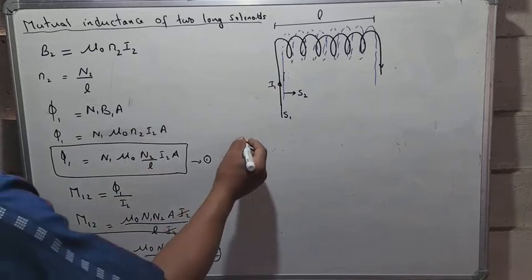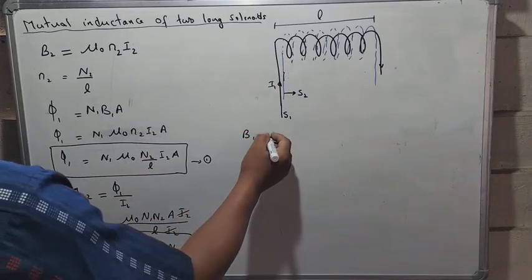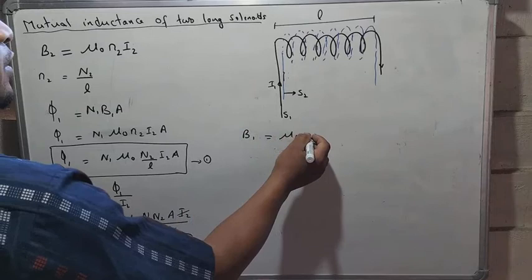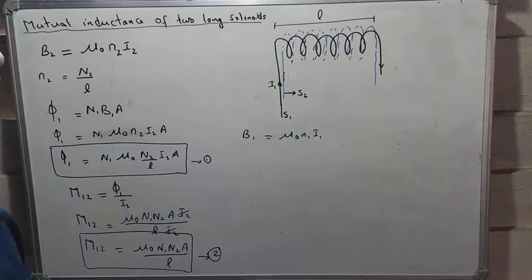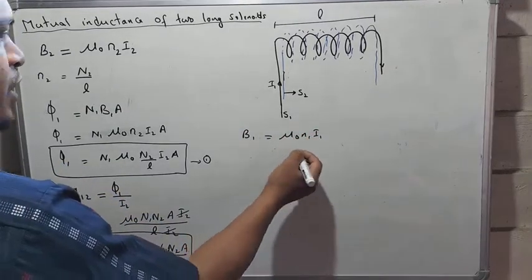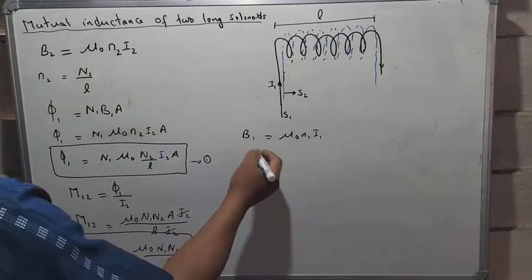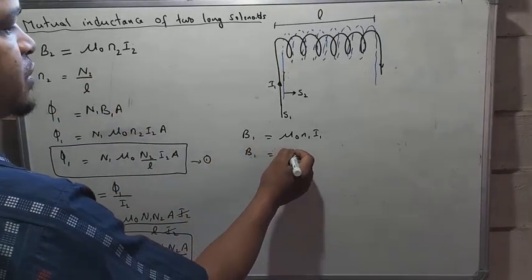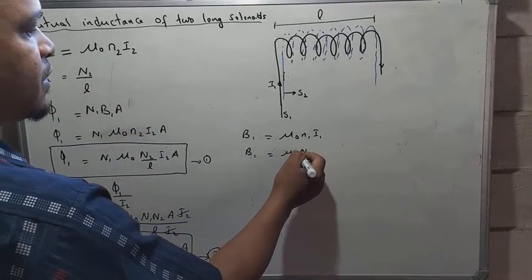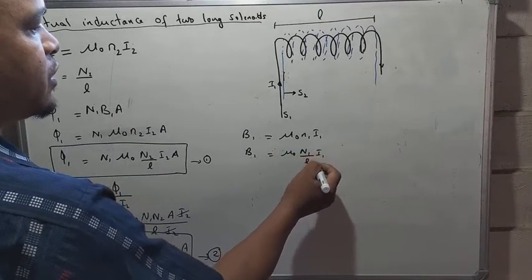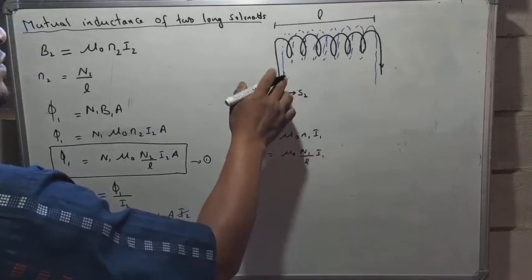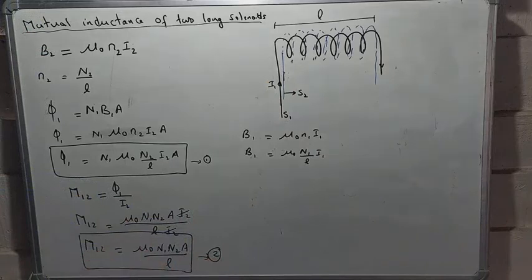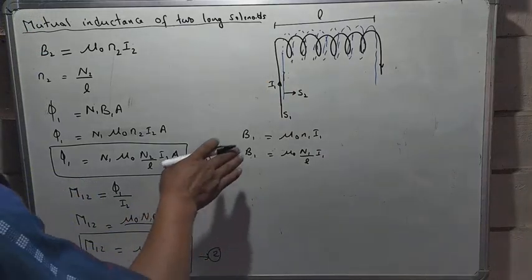That magnetic field B1 is equal to mu naught N1 I1, where N1 here would be capital N1 upon L times I1, and this N1 stands for the number of turns in the first solenoid. So this is the magnetic field inside.